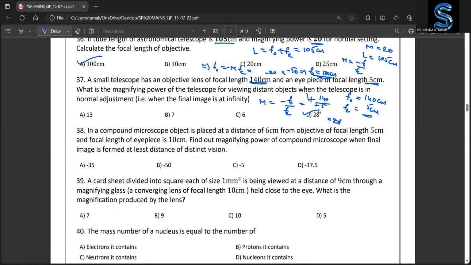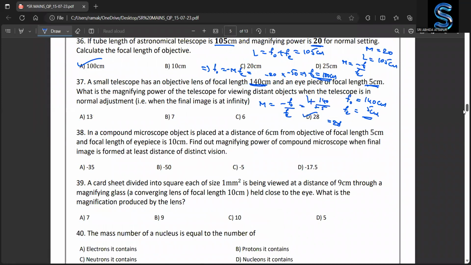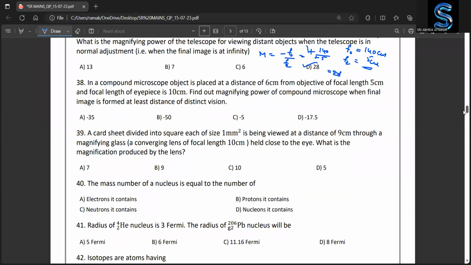So the option is D. Also, the next question: in a compound microscope, the object is placed at a distance of 6 centimeters from the objective lens of focal length 5 centimeters, and the focal length of the eyepiece is 10 centimeters. Find the magnifying power of the compound microscope when the final image is formed at the least distance of distinct vision.